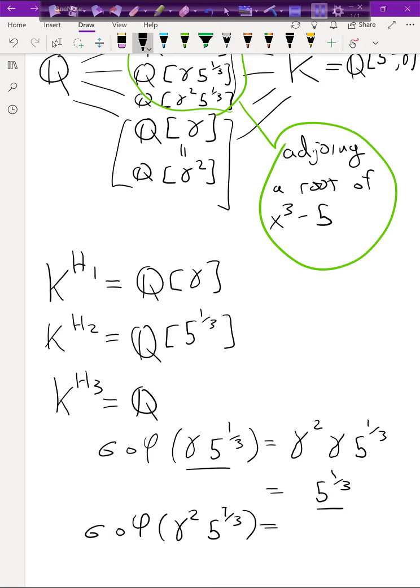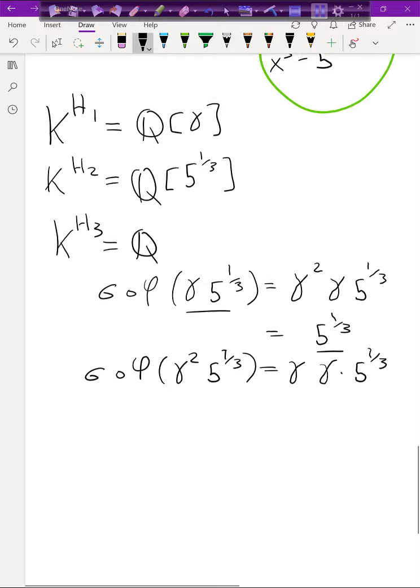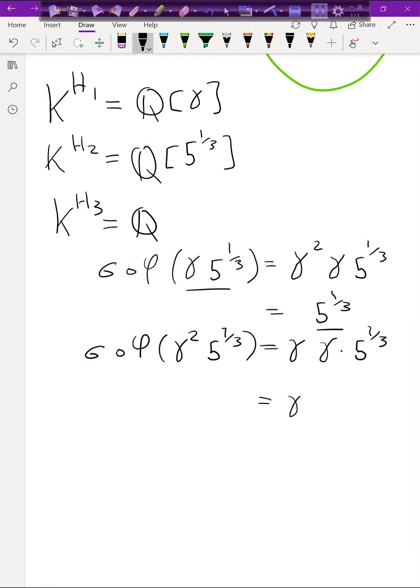That's equal to, okay, now, phi sends gamma squared, as we've seen, to gamma to the 4th. That's just gamma, because gamma cubed is 1. And sigma is going to send the 5 to the 1/3 to gamma times 5 to the 1/3. And look, lo and behold, this is gamma squared times 5 to the 1/3.